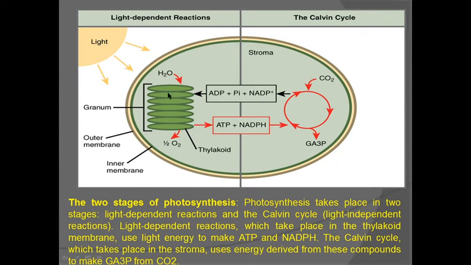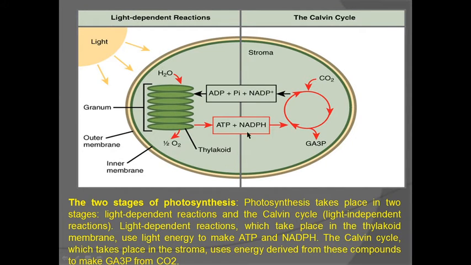Now during light dependent reactions, there is synthesis of ATP and NADPH. That means during the light phase of photosynthesis, a number of ATP and NADPH molecules are synthesized in presence of light, that means during daytime.